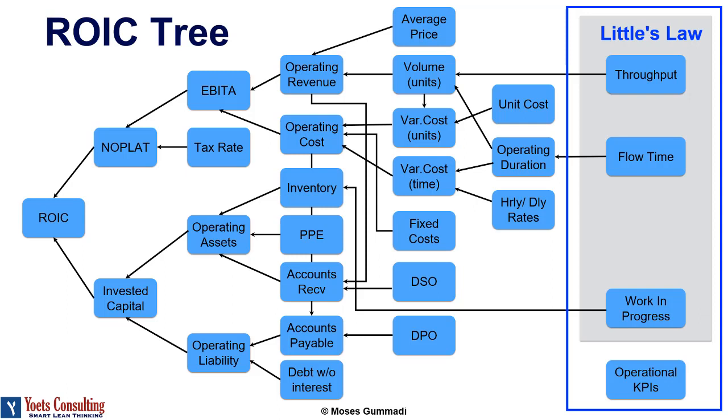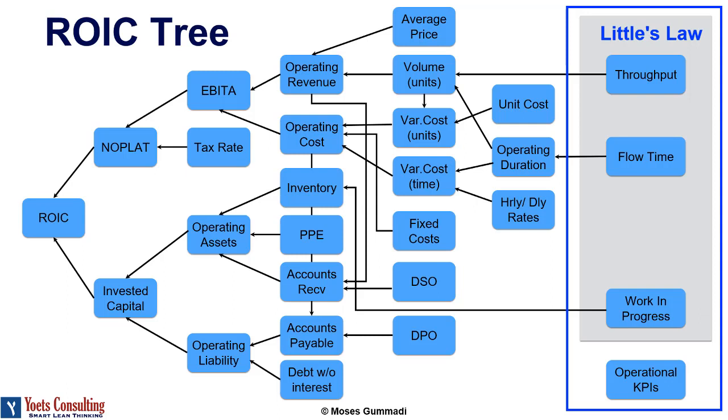The best way to do it is actually to construct a ROIC tree and link it to the operations. You can do that very well. You can do it on a spreadsheet, or you can use a tool that I use. But essentially, you need to calculate various operational KPIs, link them up to the whole financial and operational parameters of your operations, up to the level of ROIC at the high level, and down to the level of operational KPIs at the bottom.